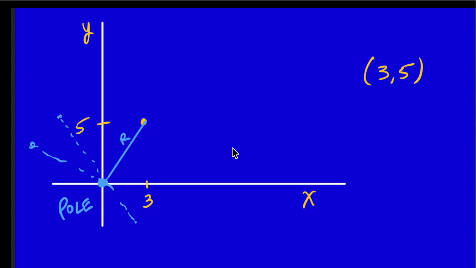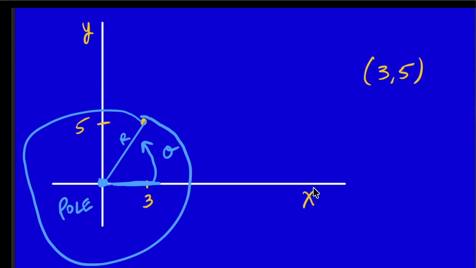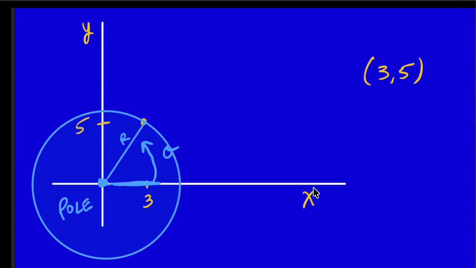So we need to specify what was the angle at which that object was thrown from the pole. And the way we do that is we establish the x-axis as the baseline, and we designate an angle theta. So it's another way to locate a point using r, theta. And as you'll see, we're going to be using concentric rings with a radius of r to identify points as we change the theta angle.